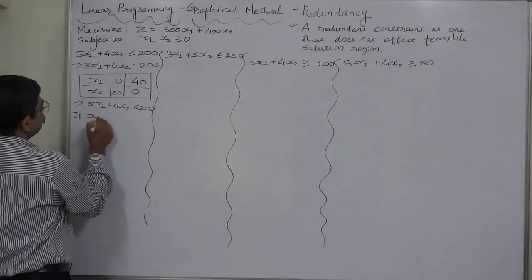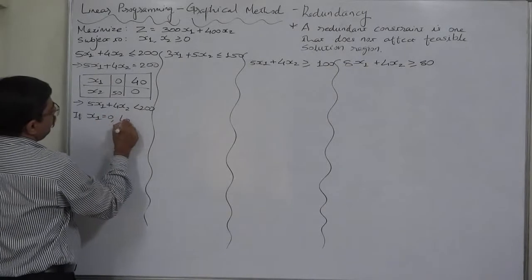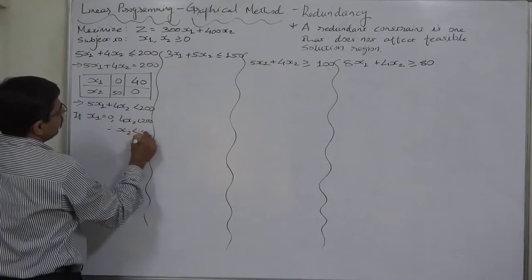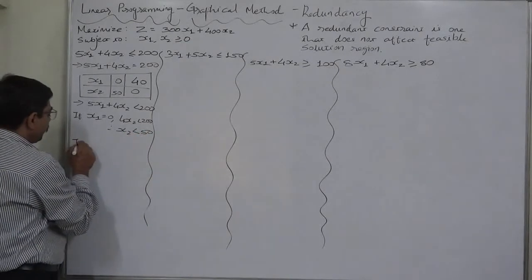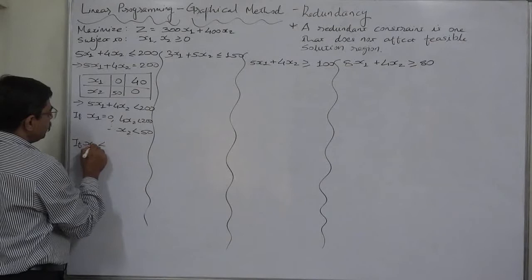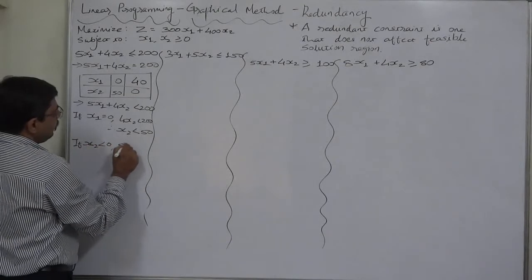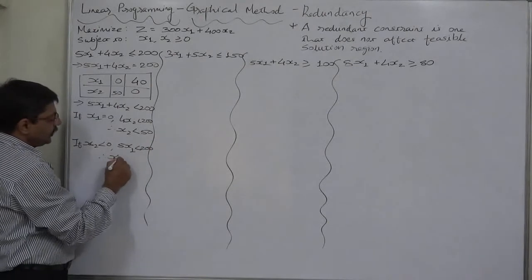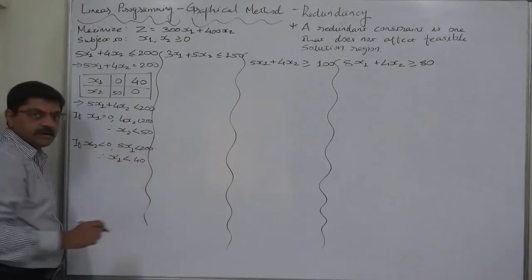If x1 takes value 0, then 4x2 will be less than 200, and hence x2 will be less than 50. If x2 takes value 0, then 5x1 will be less than 200, so x1 less than 40 will be there.